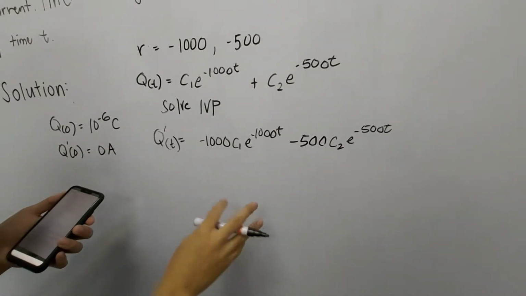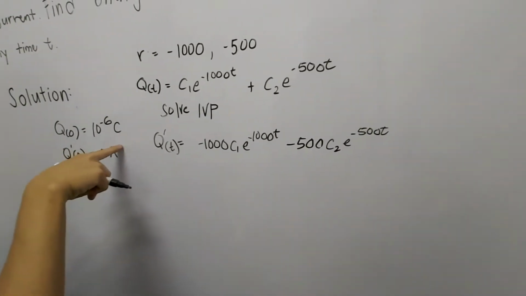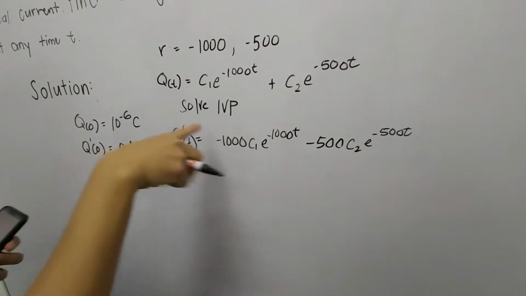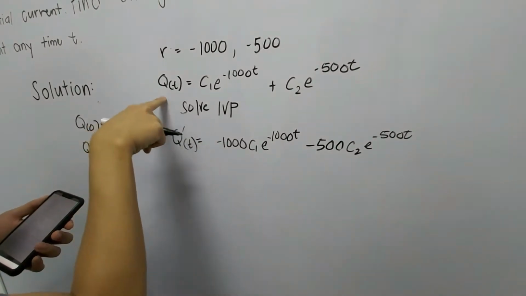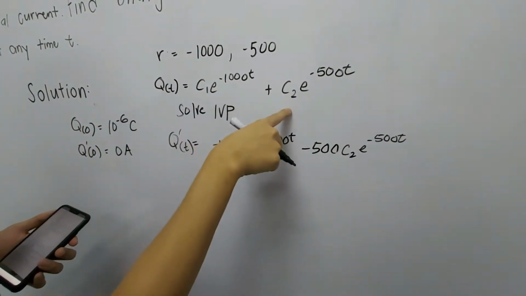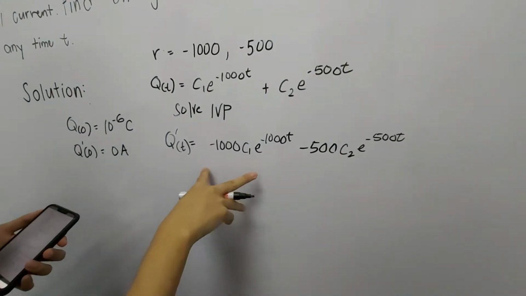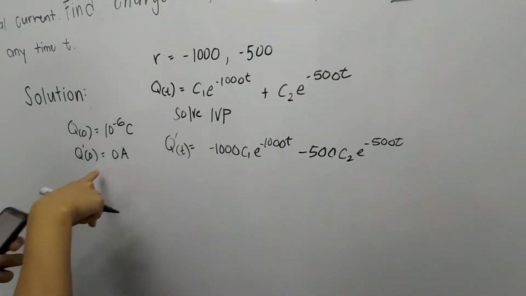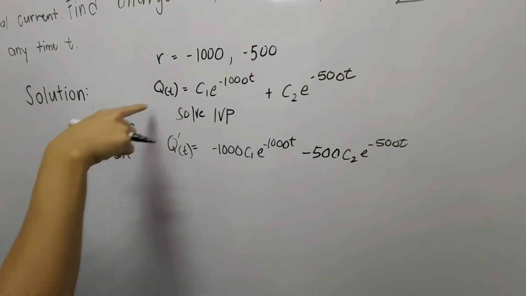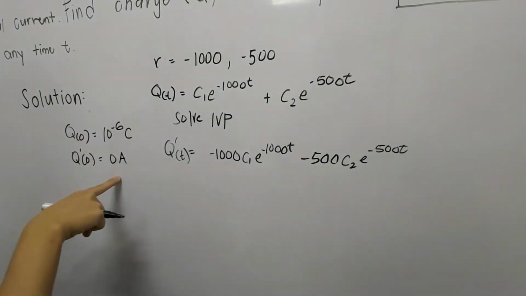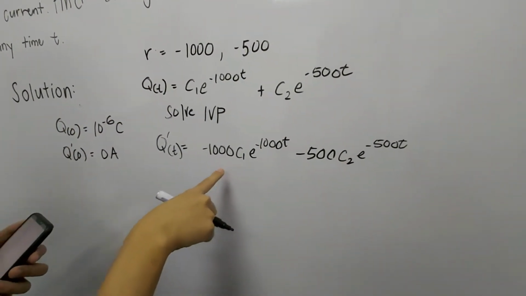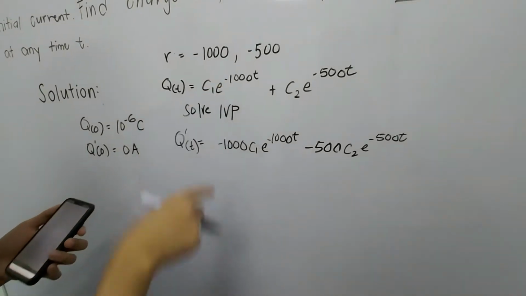Now we substitute in our initial values into the characteristic equation and its differential. So we sub this to the characteristic equation and 0 to the differentiation of the characteristic equation.